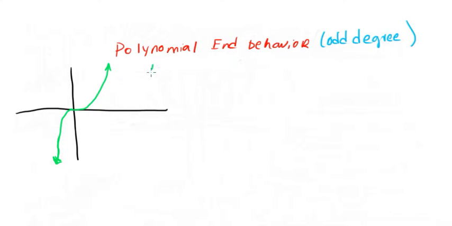Where the leading coefficient is greater than 0. Leading coefficient is greater than 0. Okay? This means this will be positive. This leading coefficient will be positive, of course.